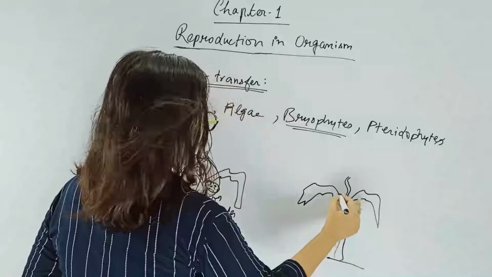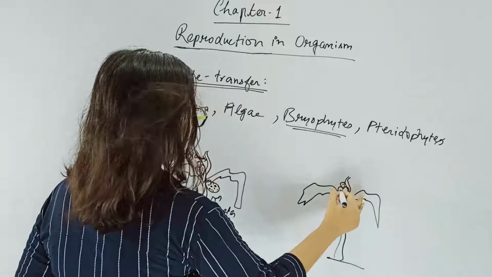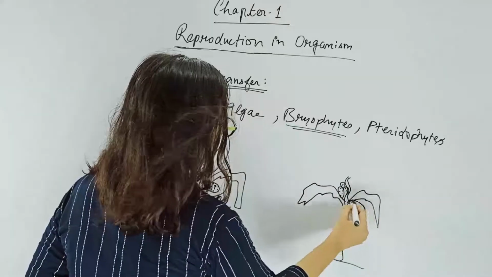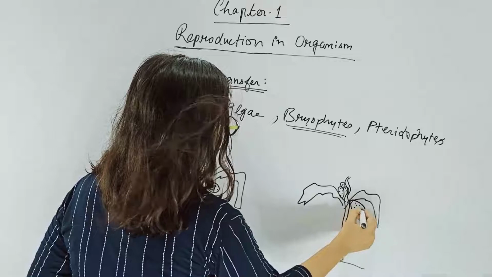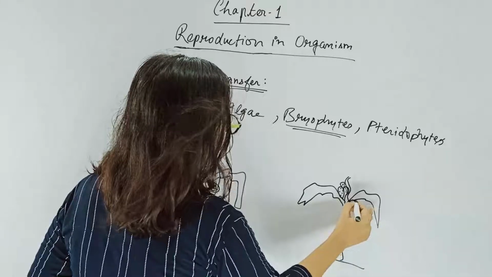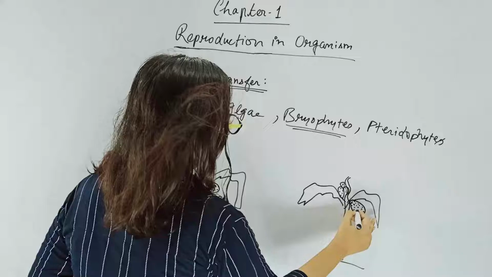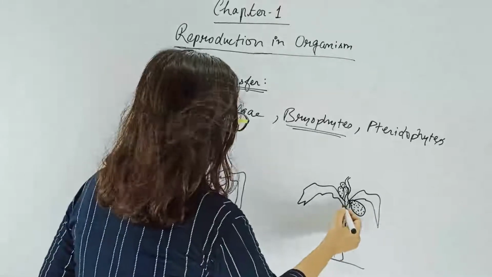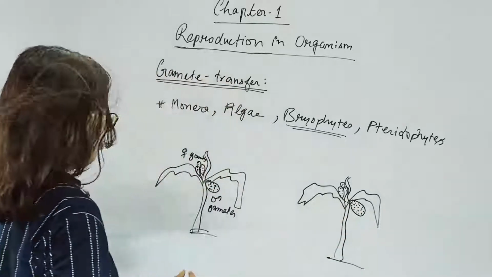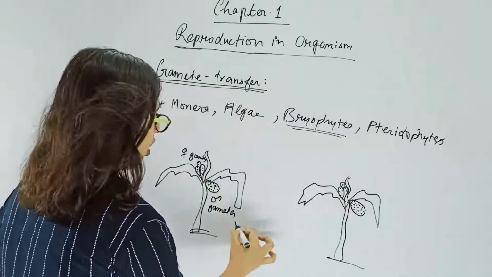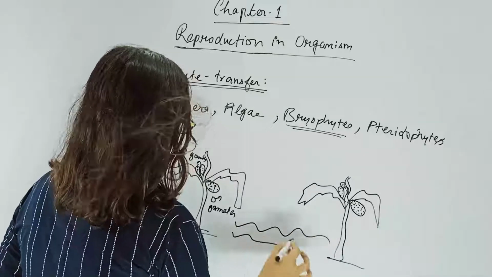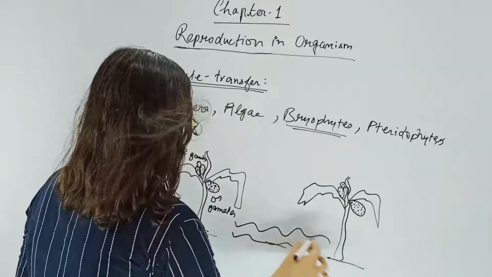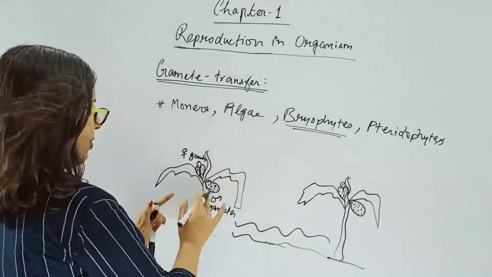This bryophyte is of the same species, because in the living world, you know, the concept of a species has come from reproductive isolation. It means one species cannot breed with another. However, there are certain exceptions, but interspecific reproduction is not common. So therefore, this bryophyte and this bryophyte belong to the same species, and therefore they have the same type of structure.